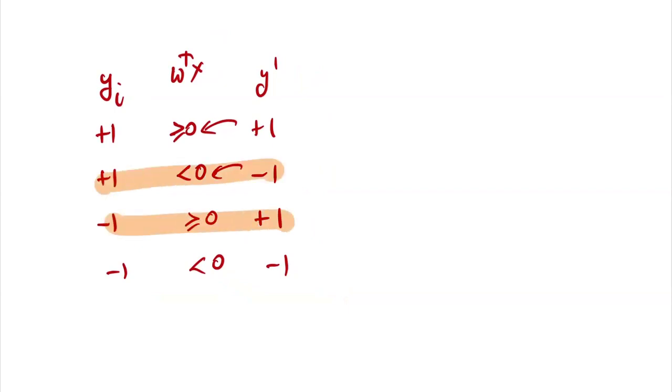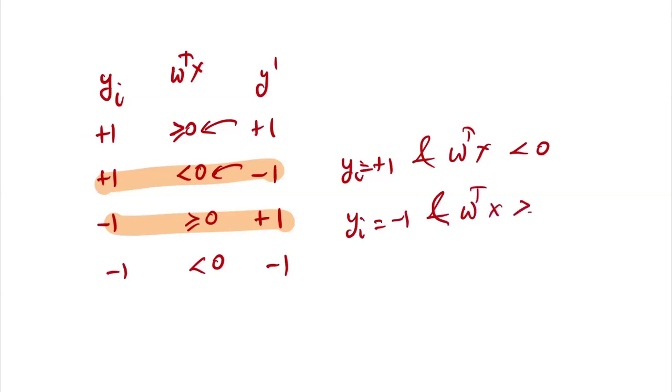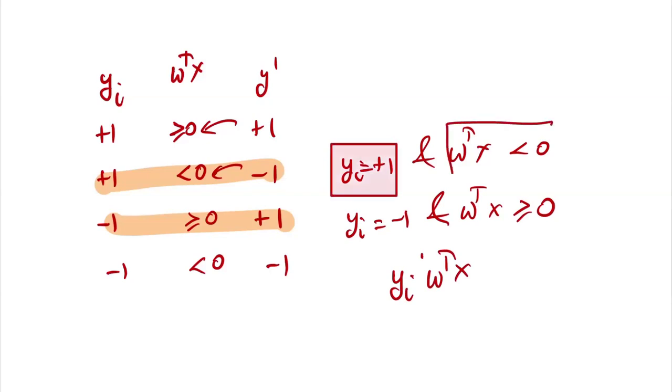So the update happens when yi is +1 and W transpose X is less than 0, or if yi is -1 and W transpose X is greater than or equal to 0. Notice that I can write all of this very simply by considering yi times W transpose X. If you multiply yi and W transpose X, in the first case, you're multiplying +1 with a negative number, so it's negative.